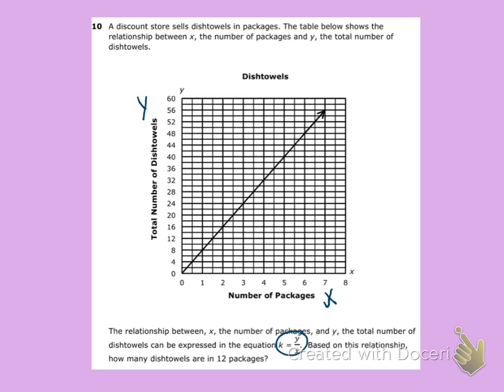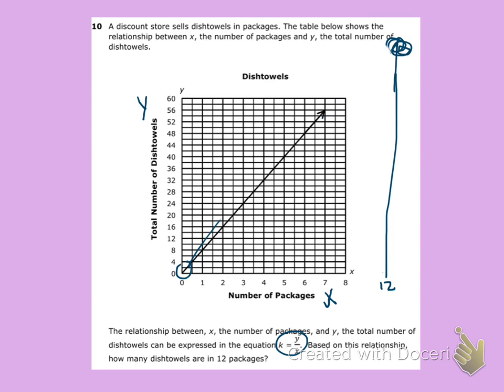Okay, so you notice 12 is probably somewhere over here, which means if you were drawing your line, it would meet somewhere way up here, right? So it is proportional because it goes through the origin and it is a straight line.